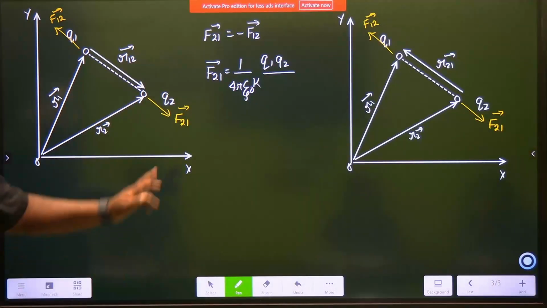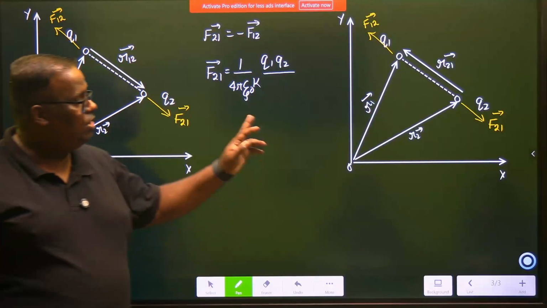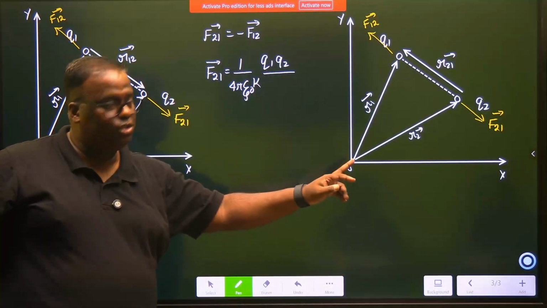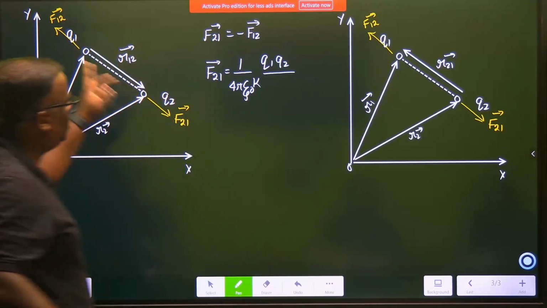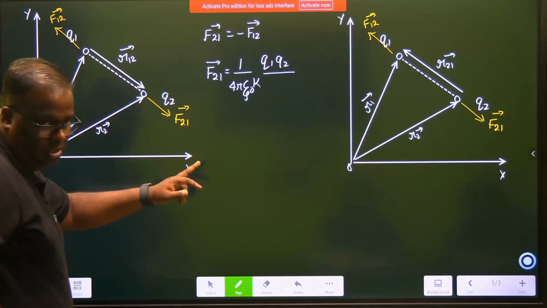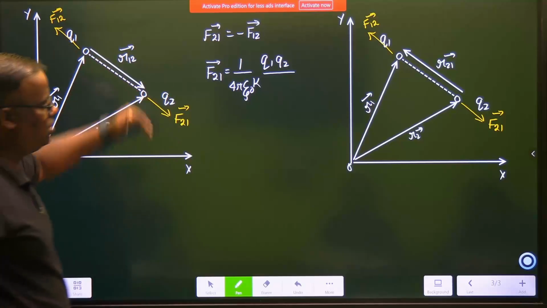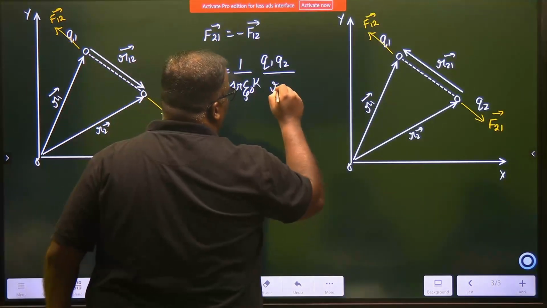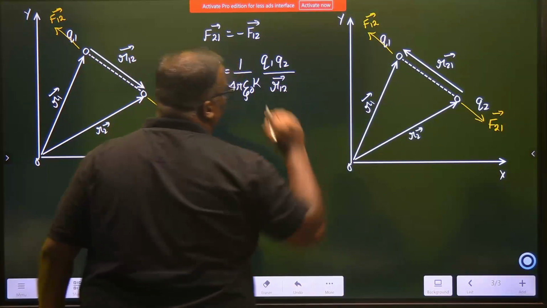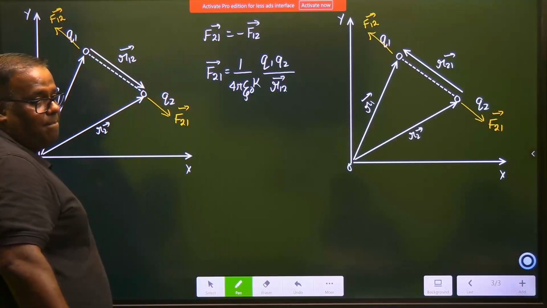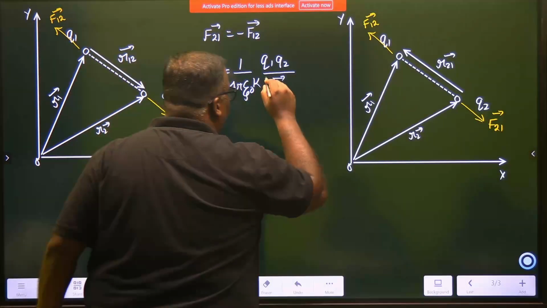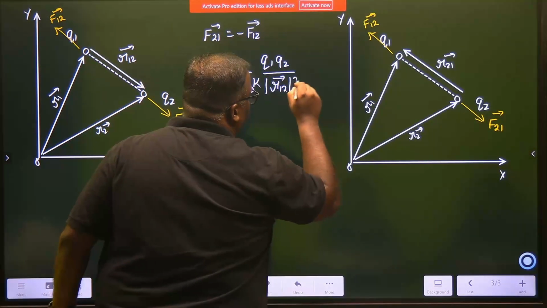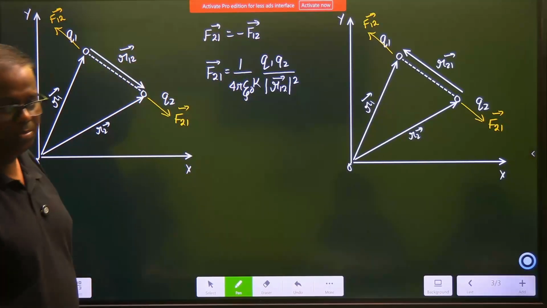But now I have to say F21. Which direction is F21 going, children? F21 is going along R12, because you have to take the force along the displacement. So I write it as R12. But here we use the magnitudes, the square of the magnitude.